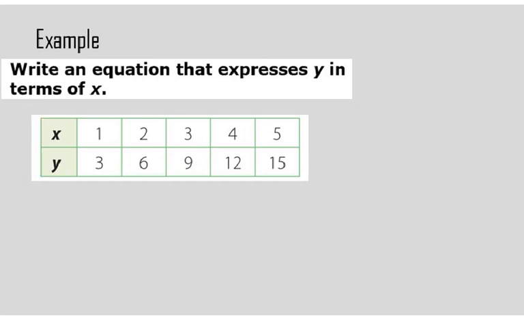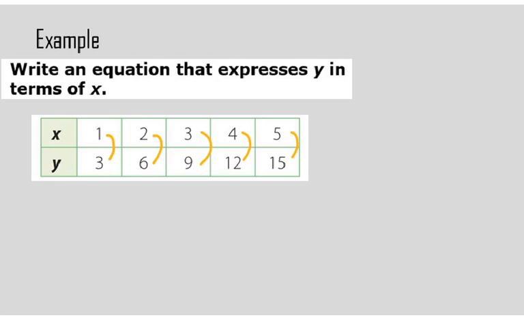So let's take a look at just the table here. In order to write an equation, let's see if we can determine if this is a multiplicative relationship or an additive relationship. What we're doing is looking at the relationship between the y and the x. So we have 1 to 3, 2 to 6, 3 to 9, 4 to 12, and 5 to 15.